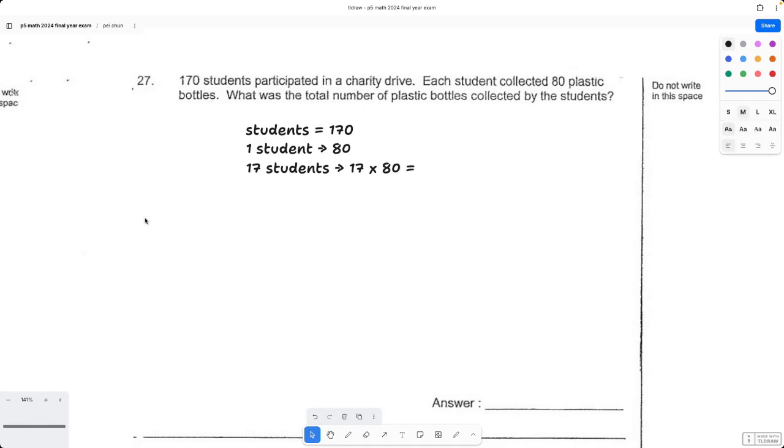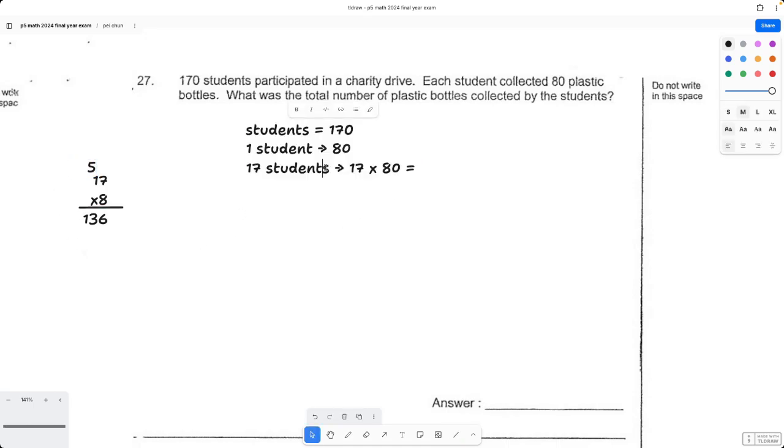So 17 times, I'm going to just multiply this by 8. Okay, so 7 times 8 is 56, right? Then we put a 5 here. 5 times 8 is 40, plus 5 is 45. Hmm, let me redo: 17 times 8 is 136. Okay, there you go.